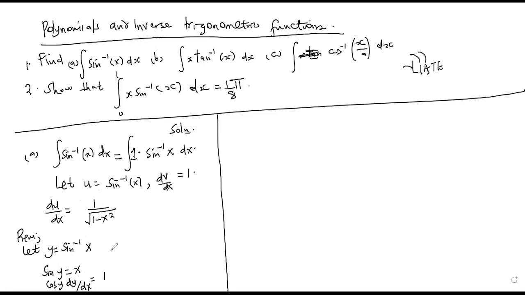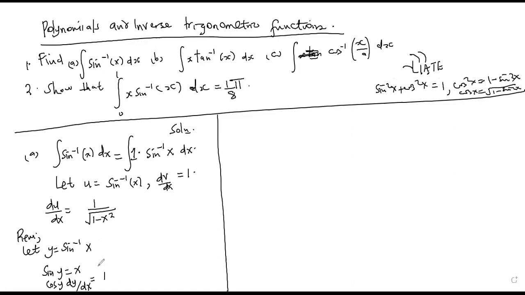But from the identity sine squared x plus cos squared x is equal to 1, you can see that cos squared x is 1 minus sine squared x. When you take the root, you get cos x as the root of 1 minus sine squared x.